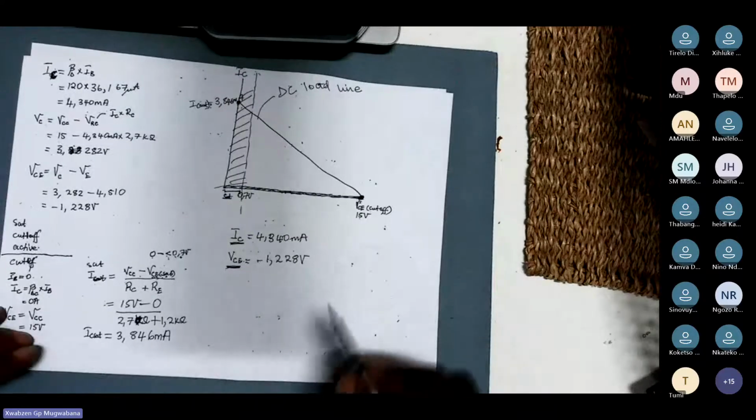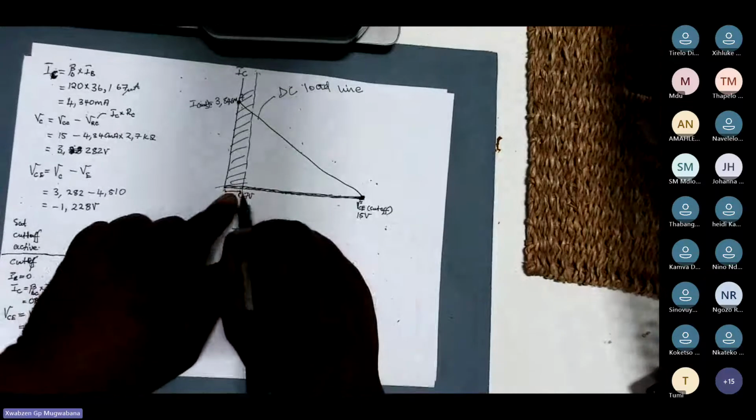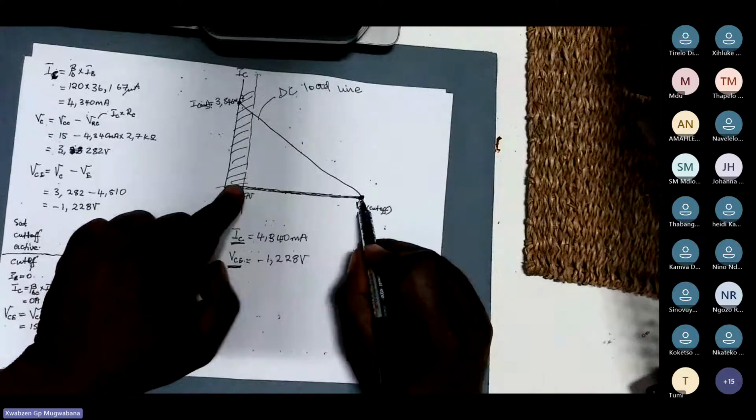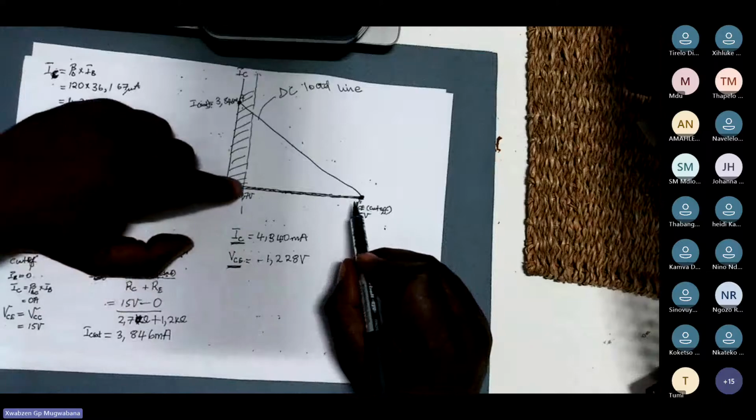For the transistor to work, your VCE must be between 0,7 and 15 volts. It must not be equal to 0,7.